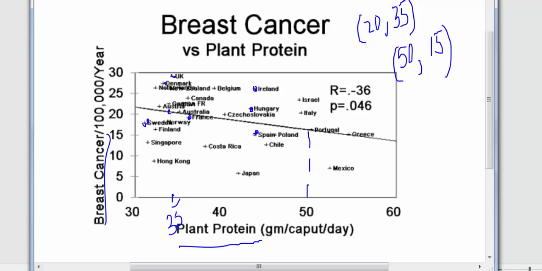It appears to me that as you get more of your protein from plants, you would have a lower breast cancer rate.